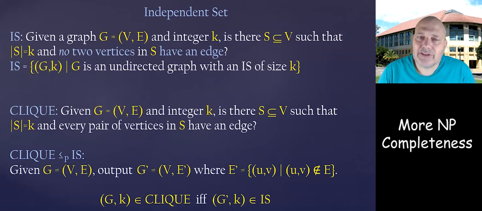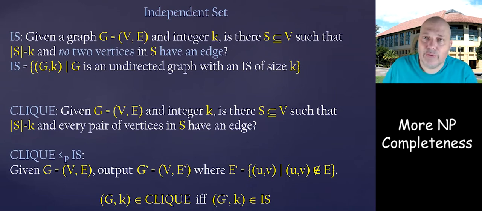So G prime is on the same vertex set V, but its edge set contains all the non-edges of G. So for every u, v, if uv is not an edge in G, it is going to be an edge in G prime, and vice versa. If it was an edge in G, then it's not an edge of G prime. And it is now easy to argue that (G, K) is in clique if and only if (G prime, K) is in independent set. It's exactly the same problem. We just switched edges and non-edges and switched cliques and independent sets, and that balances out.